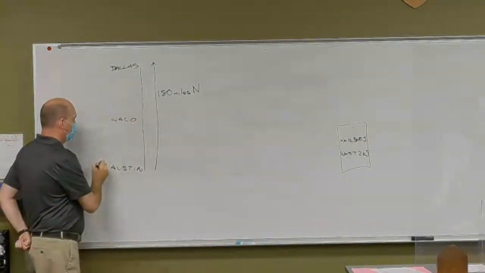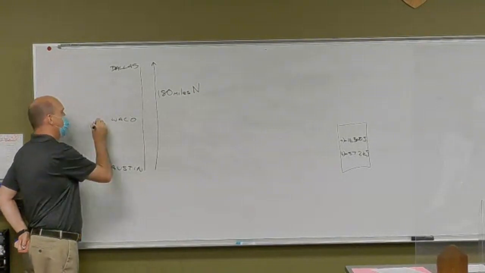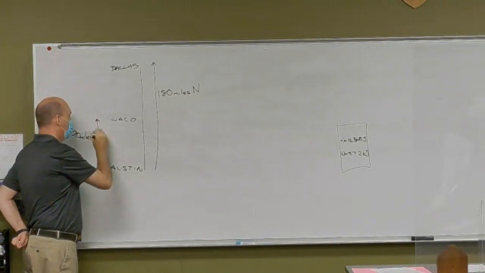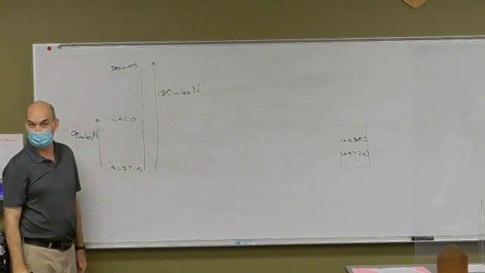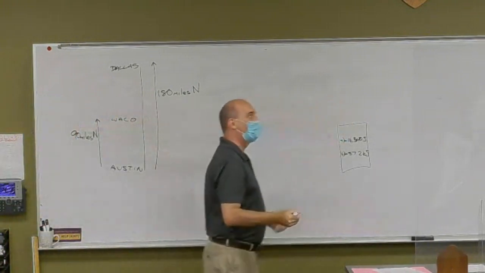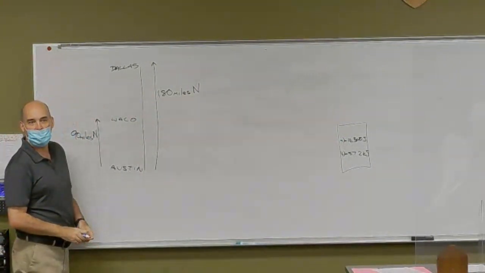How far is it from Austin to Waco? It's 90 miles. 90 miles north. Okay. How far is it from Dallas to Waco?